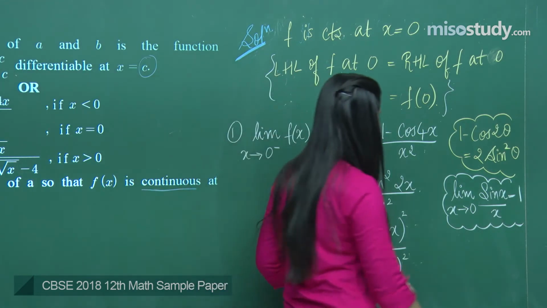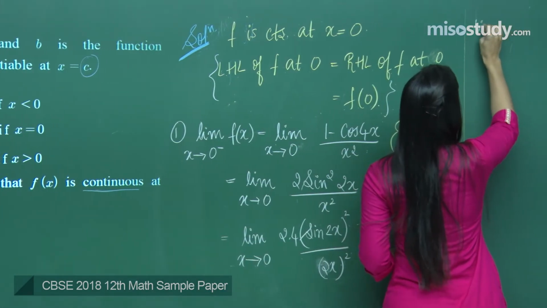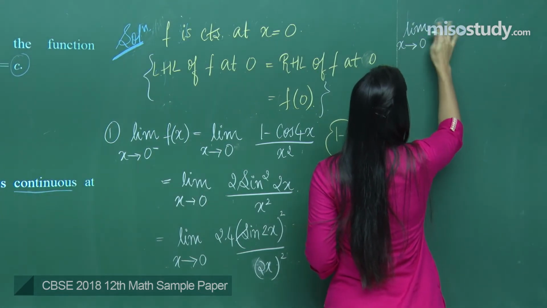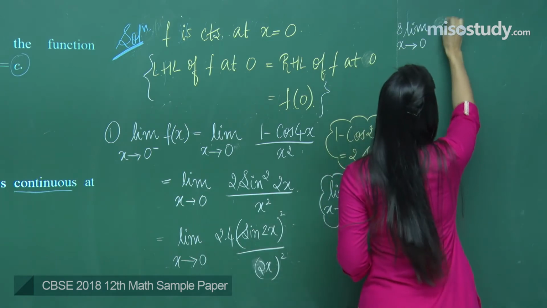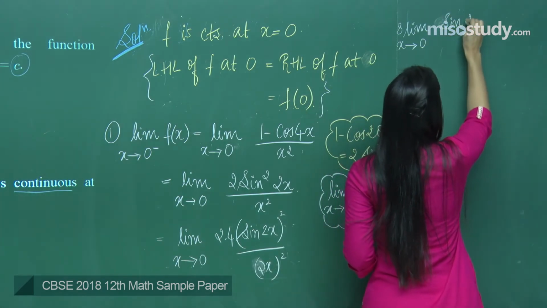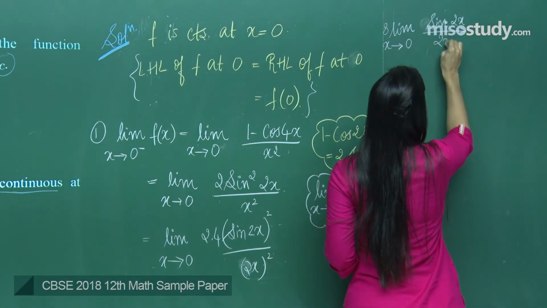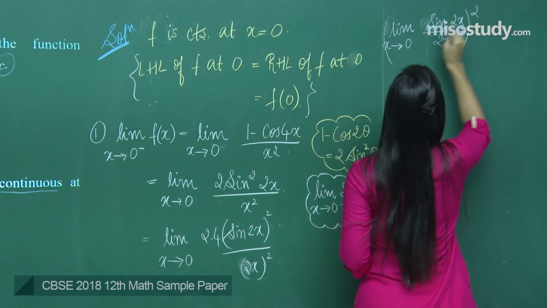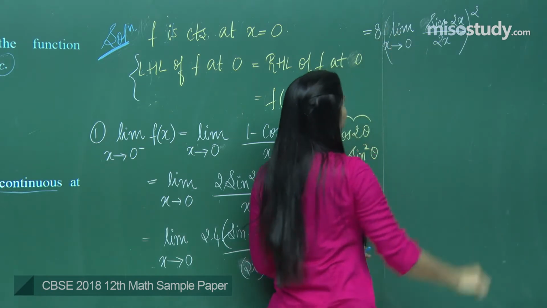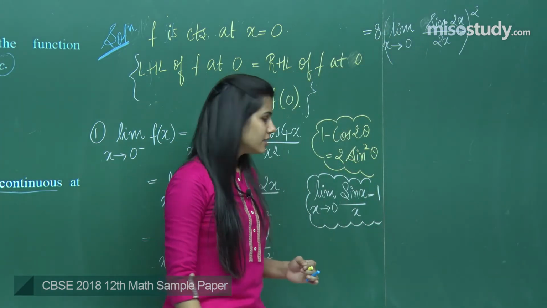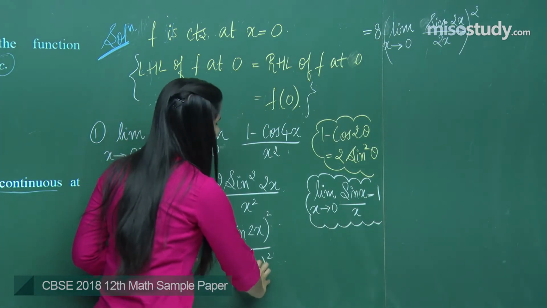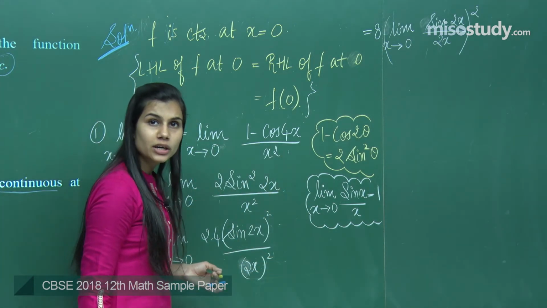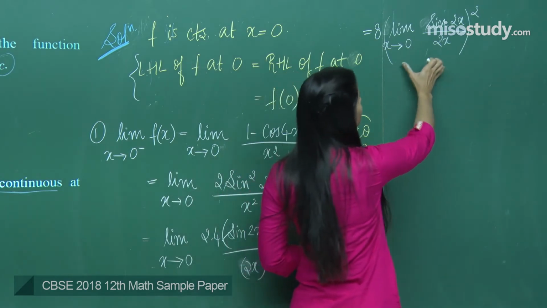And now what I have is limit x tends to 0, or I should just take out this 8 outside, sine 2x upon 2x whole square. Correct? Because limit of a function's square is square of the limit of the function. So that is what you obtain over here.